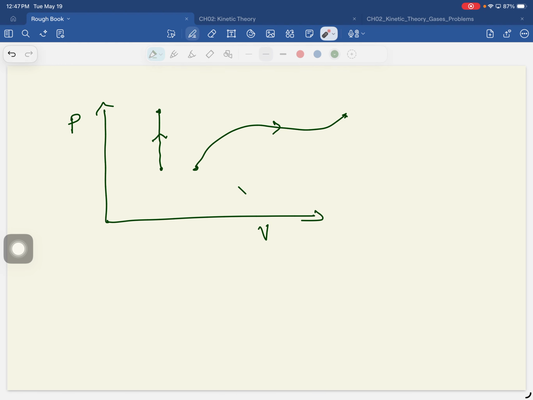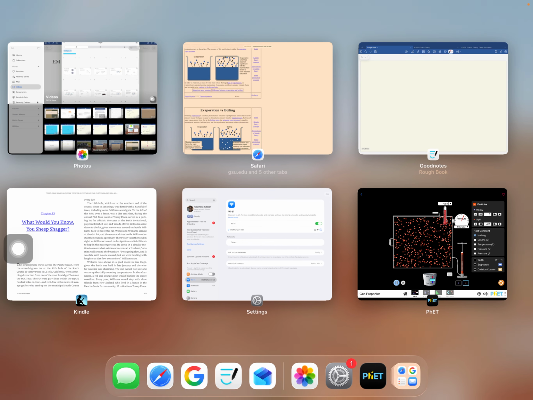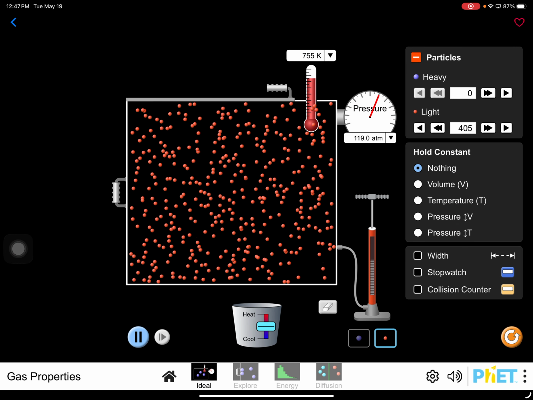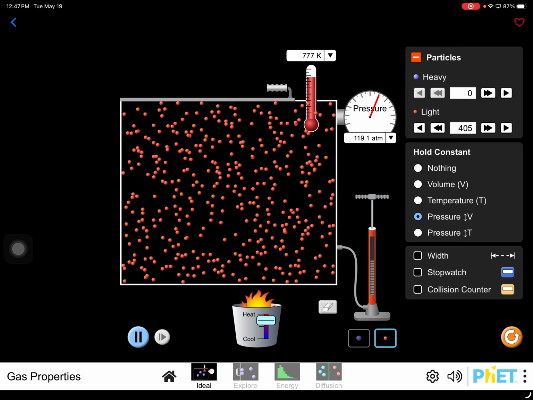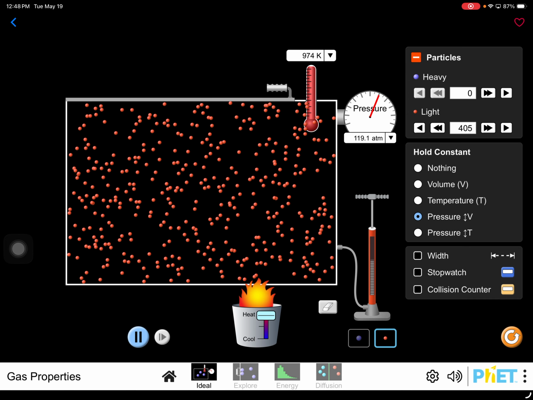So when you're adding heat to a gas at constant pressure, to raise its temperature by a certain amount, you have to add more heat. So this is the molar specific heat for a gas at constant pressure. So this one is greater than this one. The amount of heat you're adding at constant pressure is greater than the amount of heat added at constant volume.